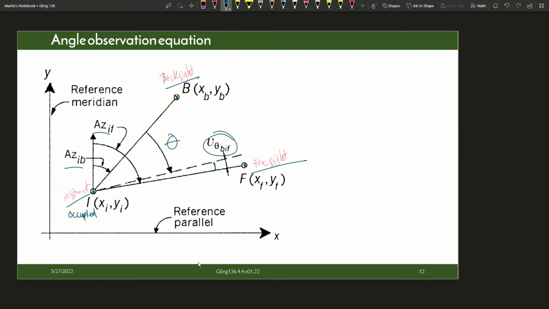So going back to the figure, we have this angle observation equation. Now we have your backsight, and we have your foresight, then the instrument.